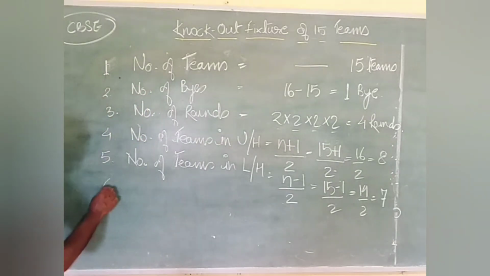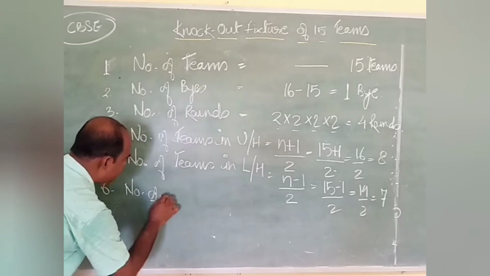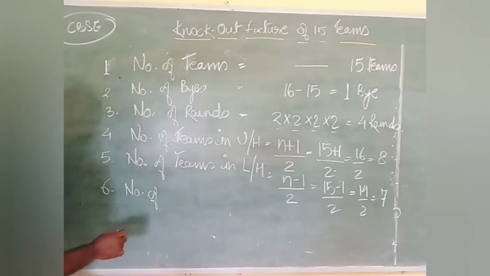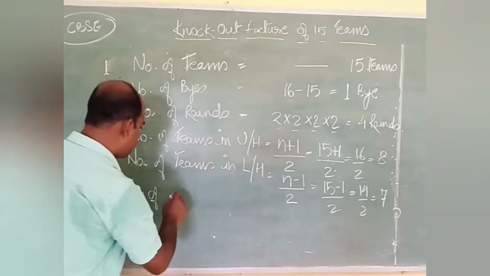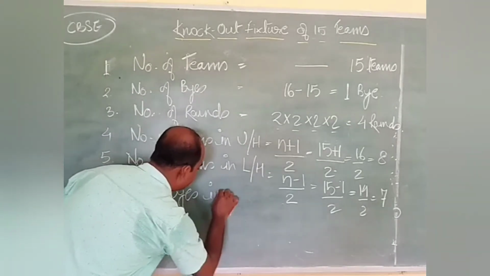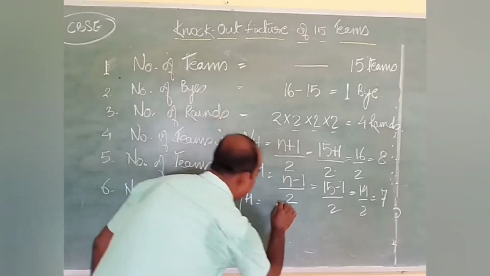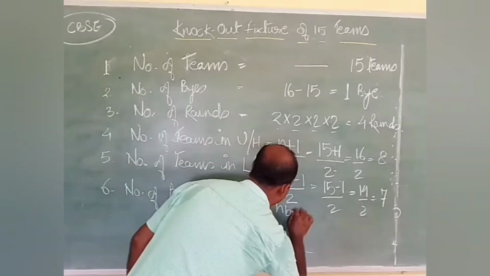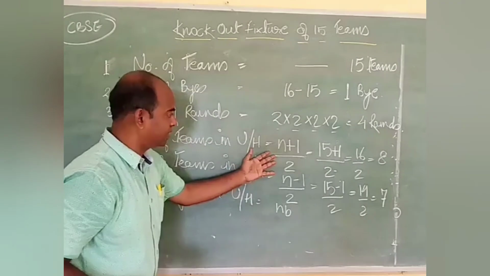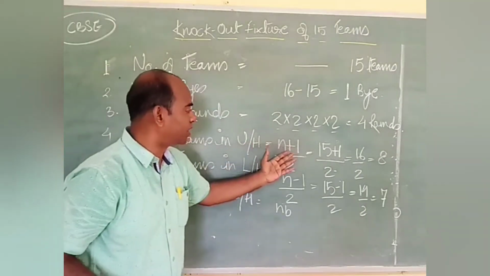Now next is number of byes. Number of byes in the upper half is NB. Here, I repeat again: when the number of teams in the upper half, it is n plus 1.